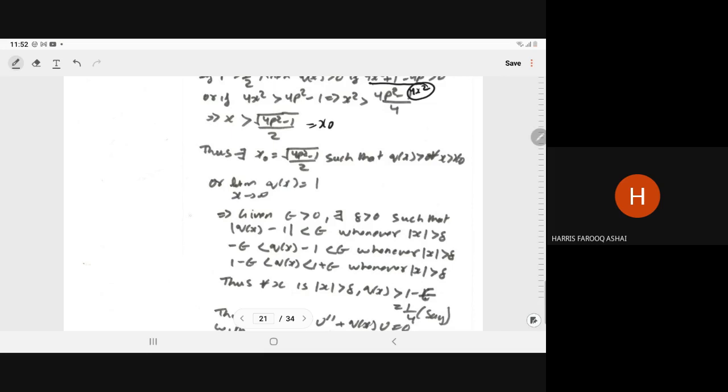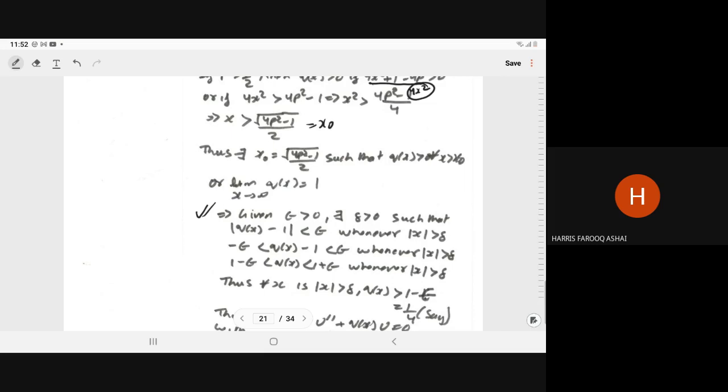So for the given epsilon greater than 0, there exists a positive delta such that |q(x) − 1| < epsilon whenever |x| > delta. We can search for such a delta for the given epsilon which satisfies this condition.